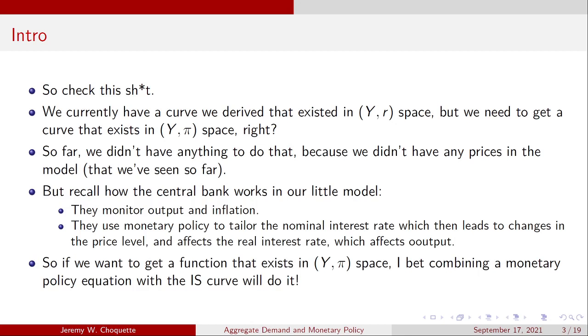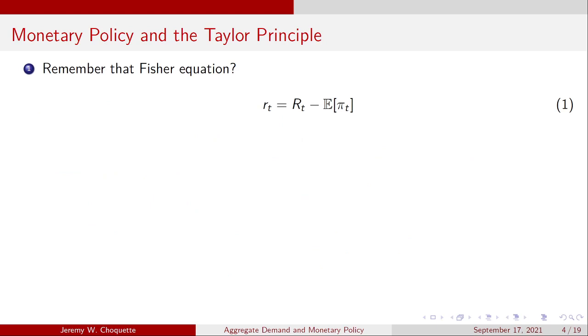So if we want to get a function that exists in output and inflation rate space, maybe combining a monetary policy equation with the IS curve will do it, because the monetary policy equation is focused on some kind of an interest rate and inflation, and we have an IS curve that's output and a real interest rate. And we know by the Fisher equation there's some kind of a relationship between the inflation rate and the nominal interest rate, which gives us the real interest rate.